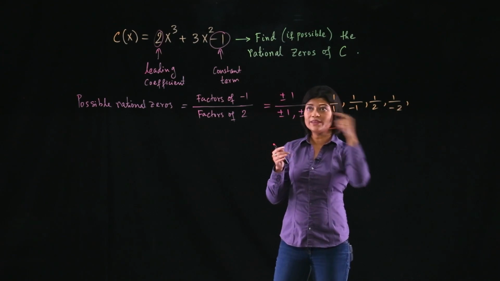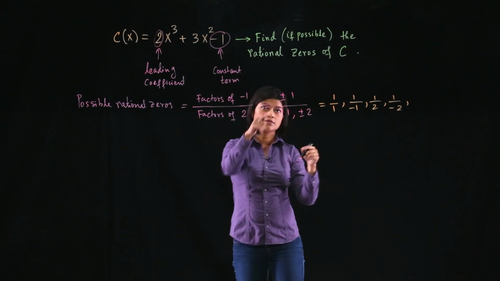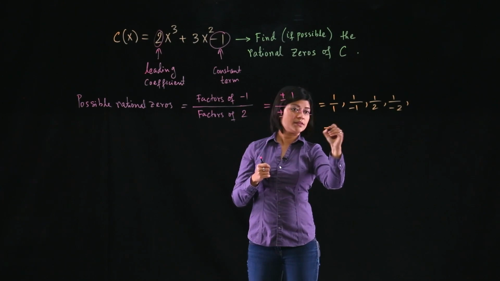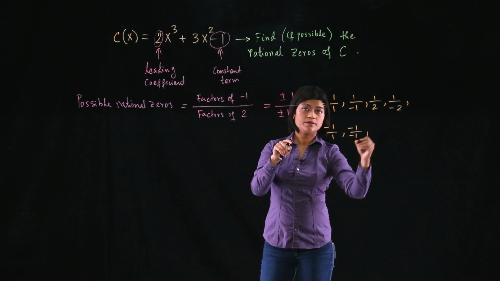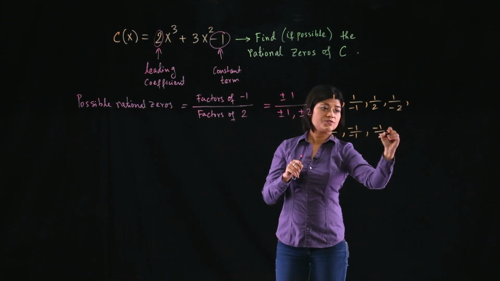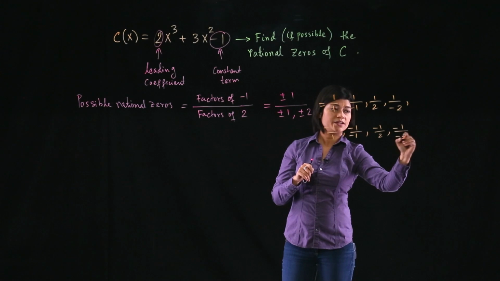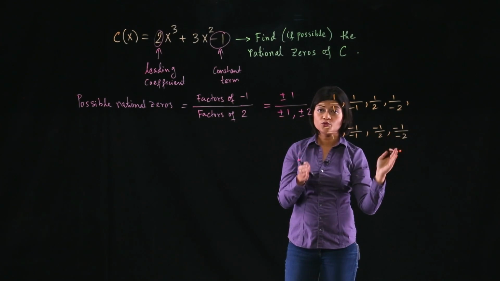We have to do the same thing with negative 1 in the numerator: negative 1 over positive 1, negative 1 over negative 1, negative 1 over positive 2, negative 1 over negative 2. So there are 8 choices.